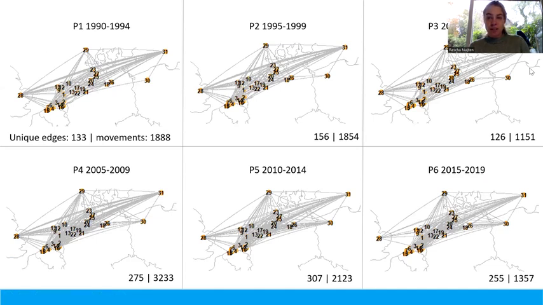So in this slide, you can see the visualization of the networks for each of these 5-year periods. The network nodes are visualized by yellow dots and the edges as gray arcs. The numbers below each of the panels represent the sample size in terms of unique edges and total number of movements between the network nodes included for that period.